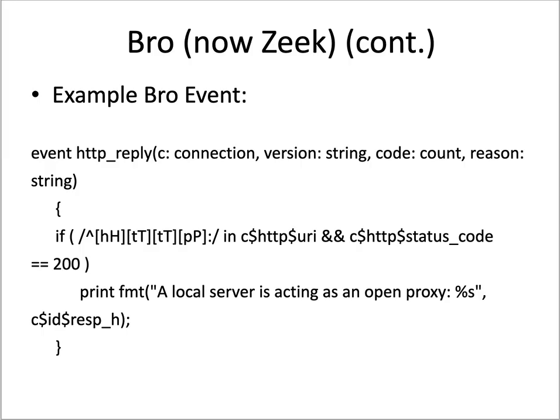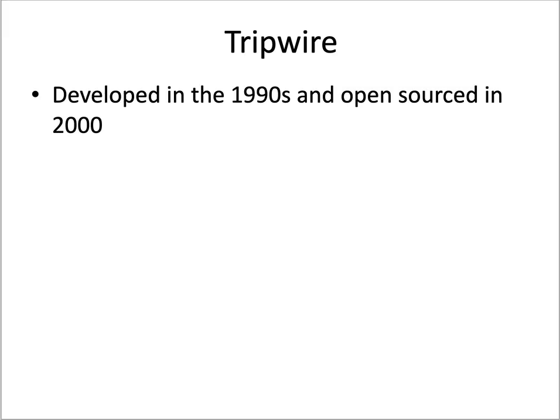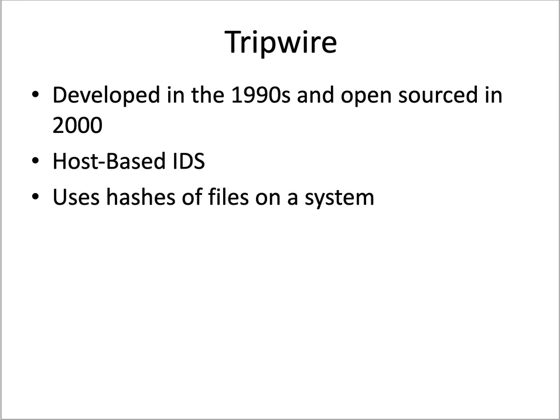The next one we're going to talk about, which has been around for a very long time, is Tripwire. It was developed in the 1990s and open sourced in the year 2000. It is a host-based IDS, and what it does is for every single file on a system, it generates a hash, a digital signature that is tied to the contents of a file.